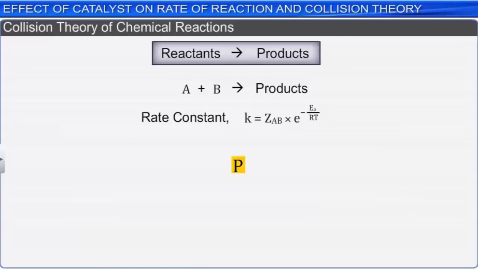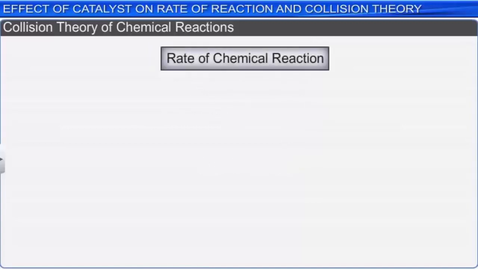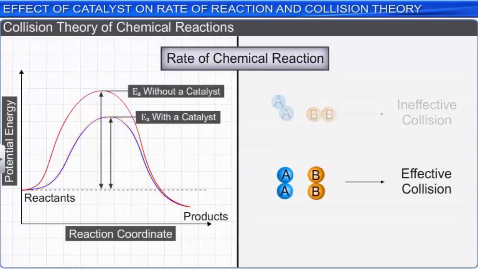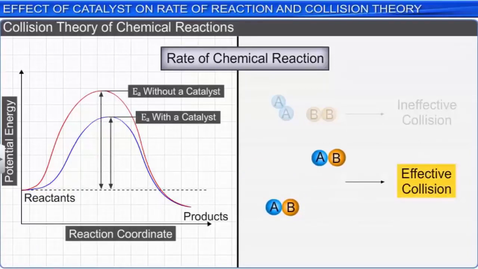Taking the steric factor into consideration, the Arrhenius equation can be modified to K is equal to P multiplied by ZAB multiplied by e to the power minus EA by RT. Thus, in the collision theory, the activation energy and proper orientation of the molecules together determine the criteria for an effective collision, and, therefore, the rate of a chemical reaction.